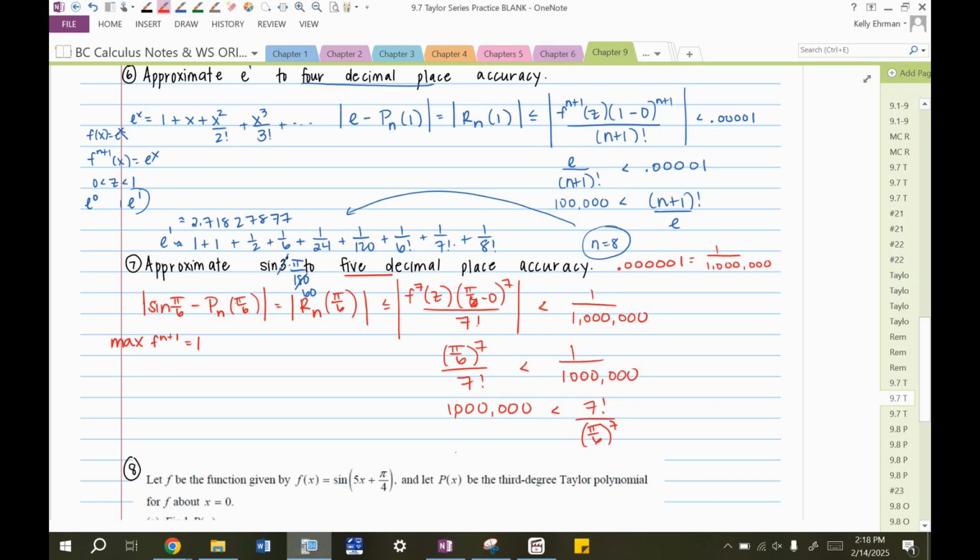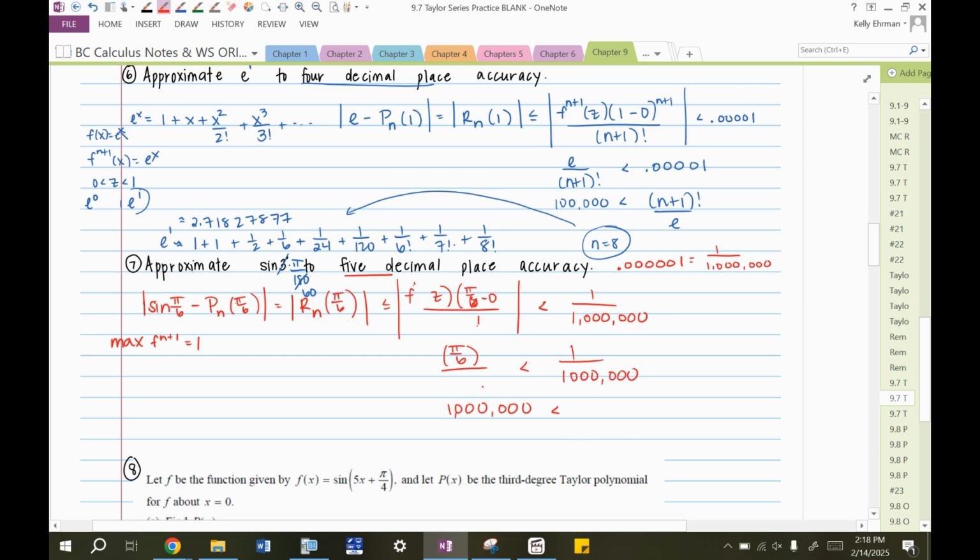Wait, where's an x? Oh, I just went ahead and plugged it right in, didn't I? I just made up a number. Sorry, we don't have a 6. These aren't 7s, these are n's. I got ahead of myself there.